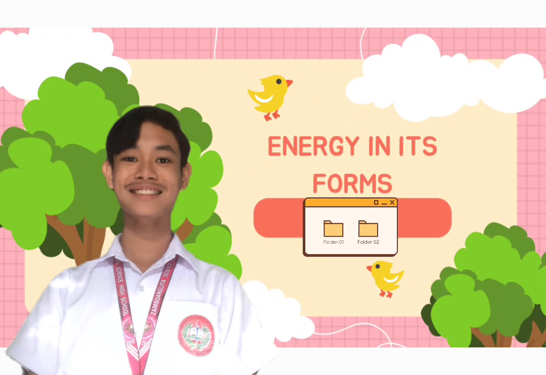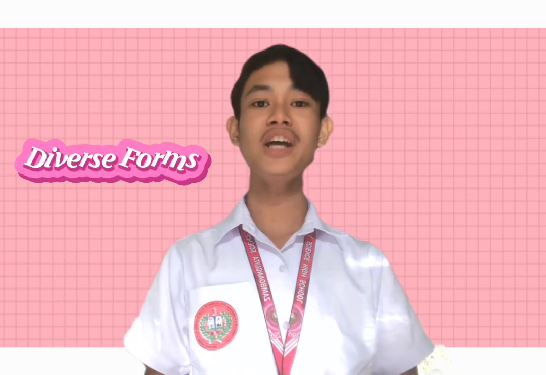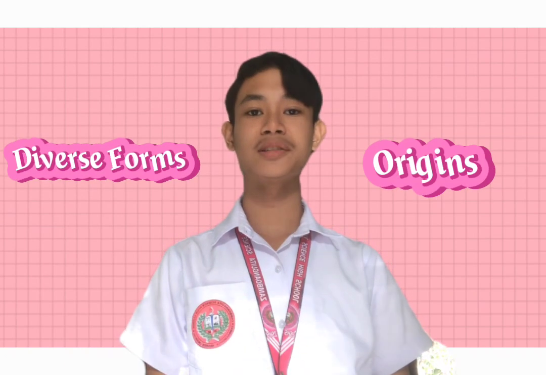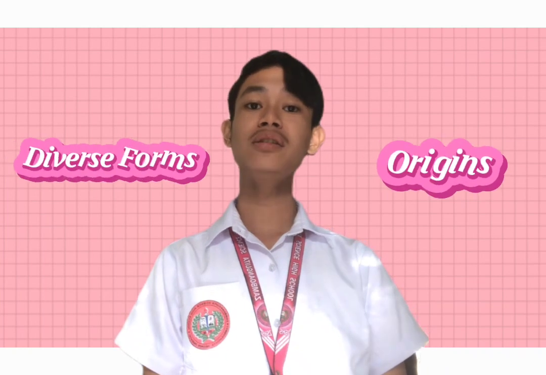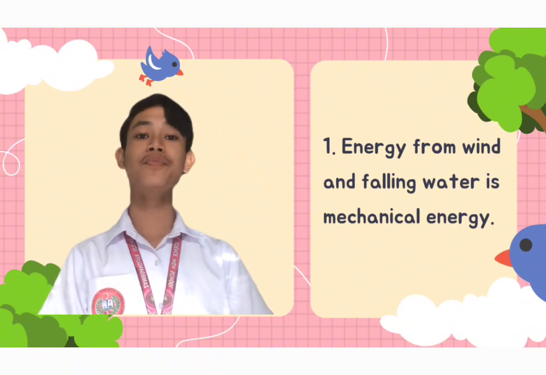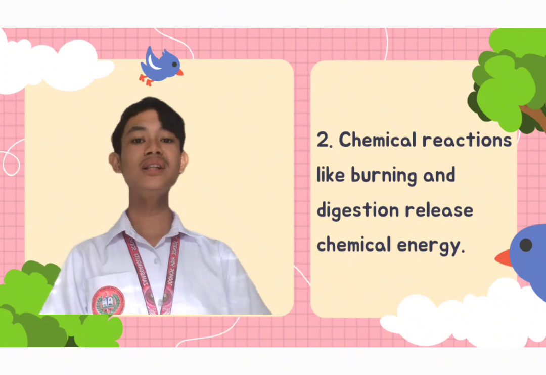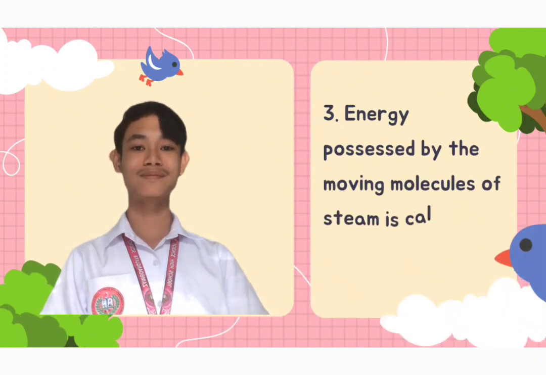Energy and its forms. This discussion explores the diverse forms of energy and their origins, all ultimately linked to solar energy. Mechanical energy is harnessed from heat and falling water, while chemical reactions like burning and digestion release chemical energy.